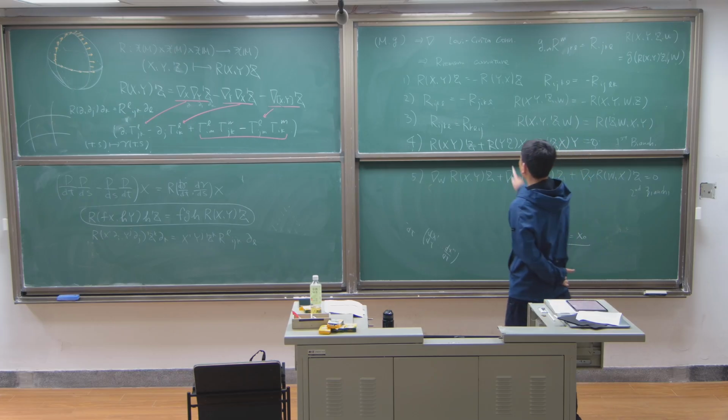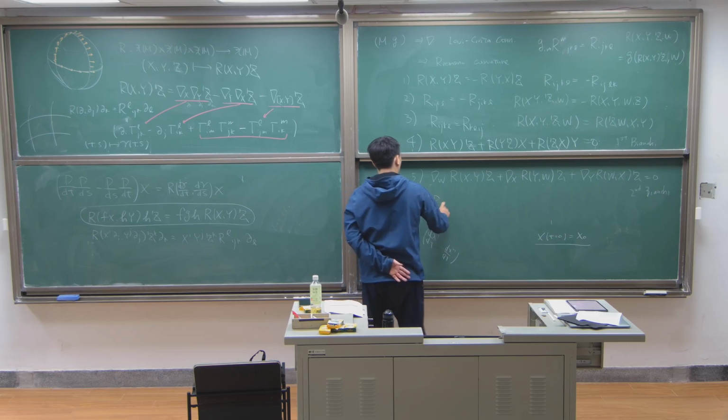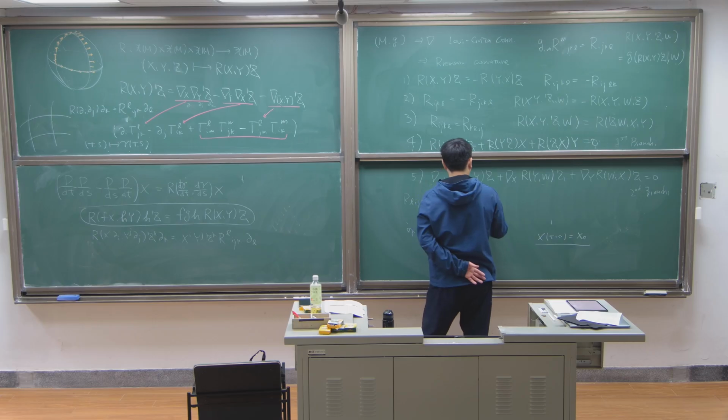So the fourth one is the same as R L I J K plus R L J K I plus R L K I J is equal to 0.